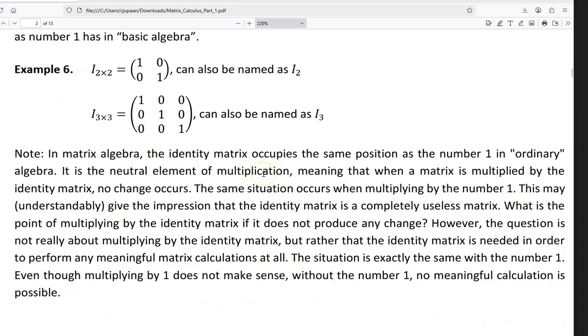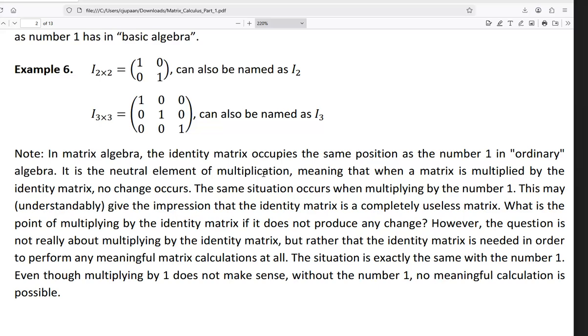So in that PDF there has been something, I don't know if that is there. Yes. You may think, is there any use, or why do we need those kind of matrices? If you multiply with the unit matrix, nothing changes.